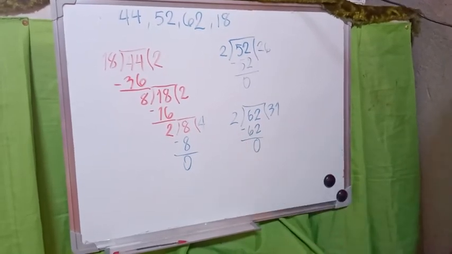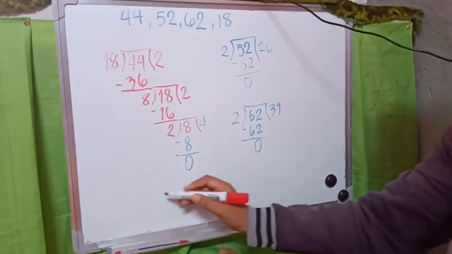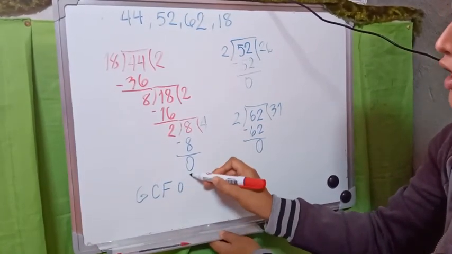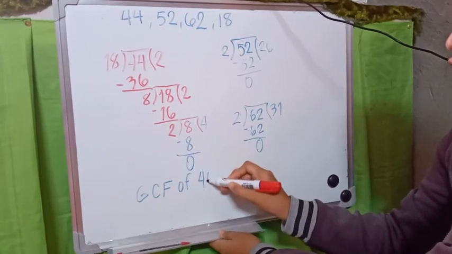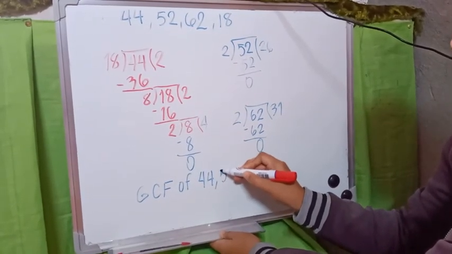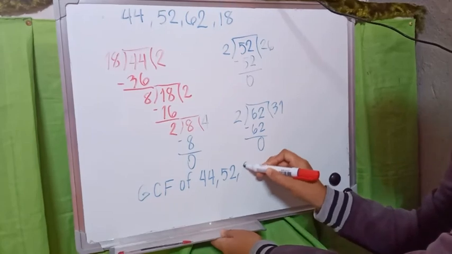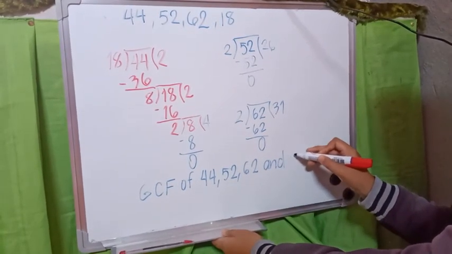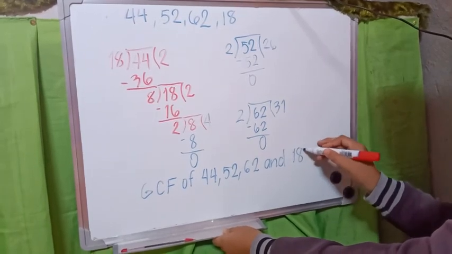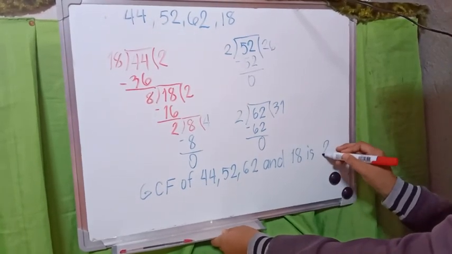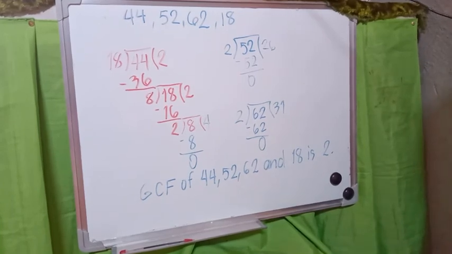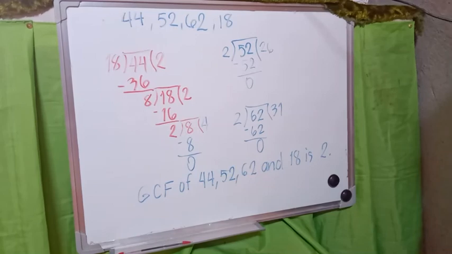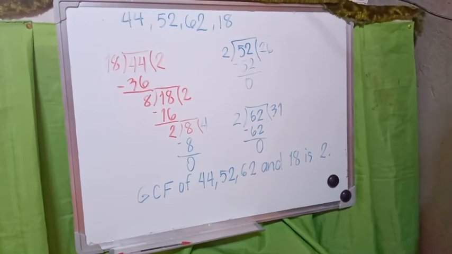Okay, very good. That is 2. So we can see that the greatest common factor of 44, 52, 62, and 18 is 2. So that is how we get our greatest common factor with 4 numbers.